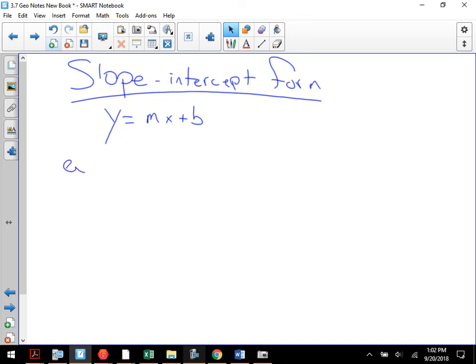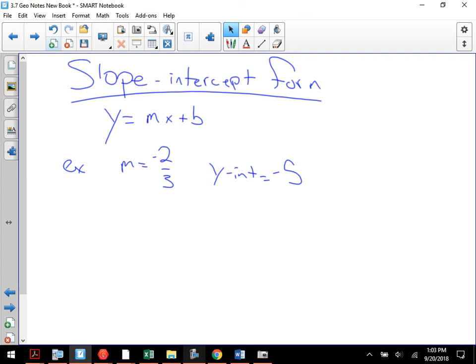So, for example, let's say you have a slope of negative 2/3 and a y-intercept of -5, what would your equation be? What does the m value represent again?